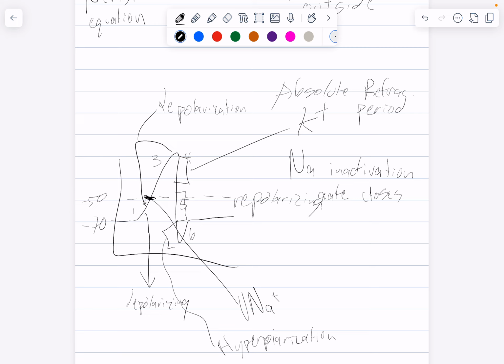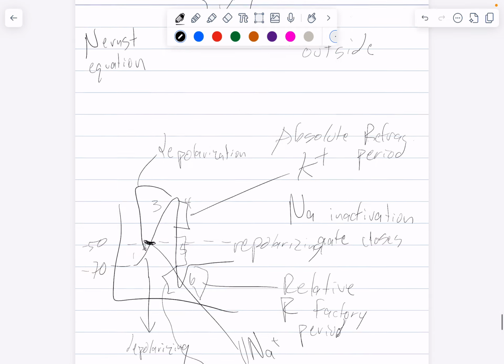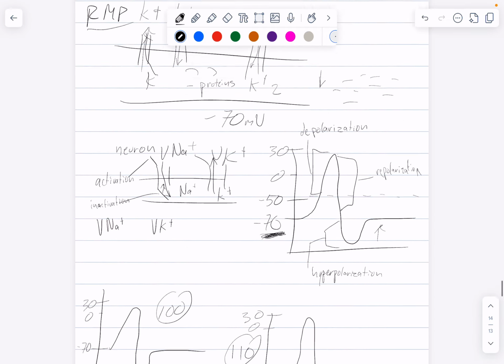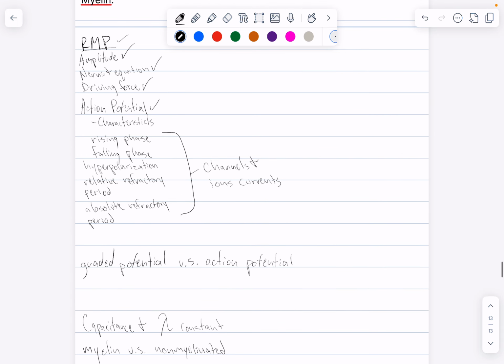And then this is the relative refractory period. Sorry, my handwriting is horrible. Okay, so that covers all that.